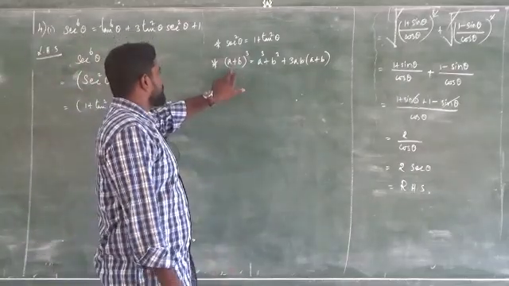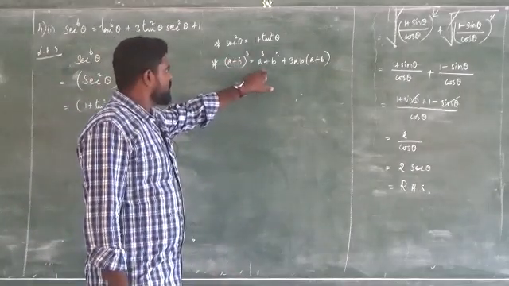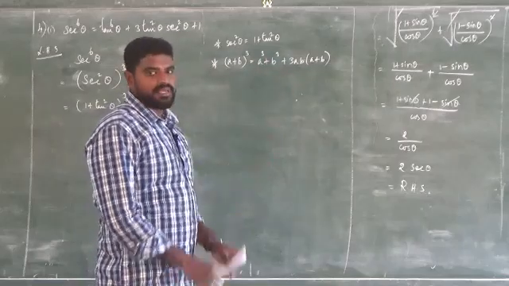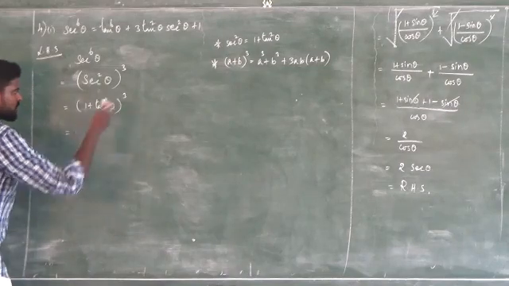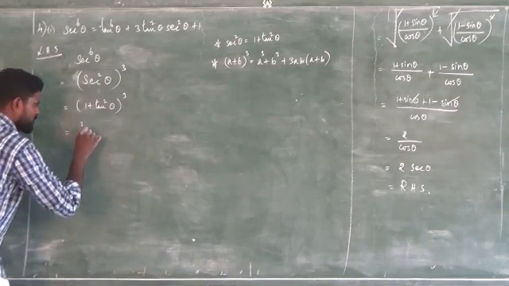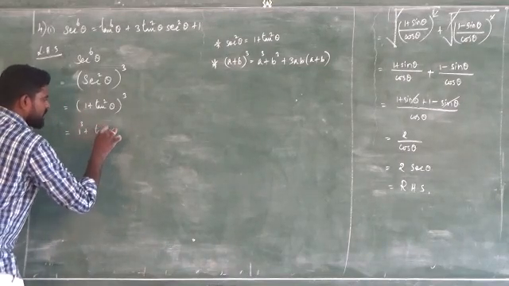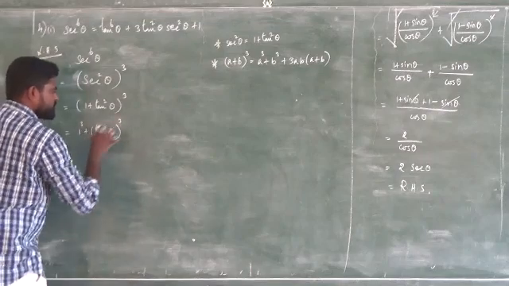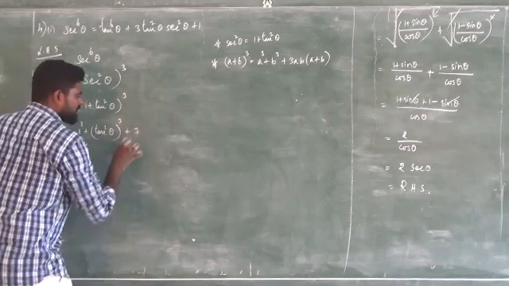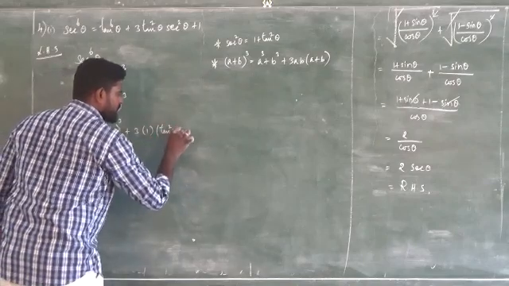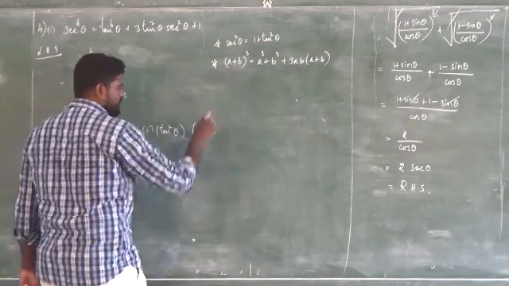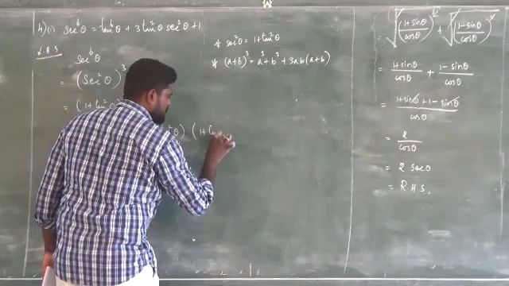So substitute that formula here. A cube, what is a? 1. So 1 cube plus tan square theta whole cube plus 3ab, 3 into a into b, where b is tan square theta, into a plus b, 1 plus tan square theta.